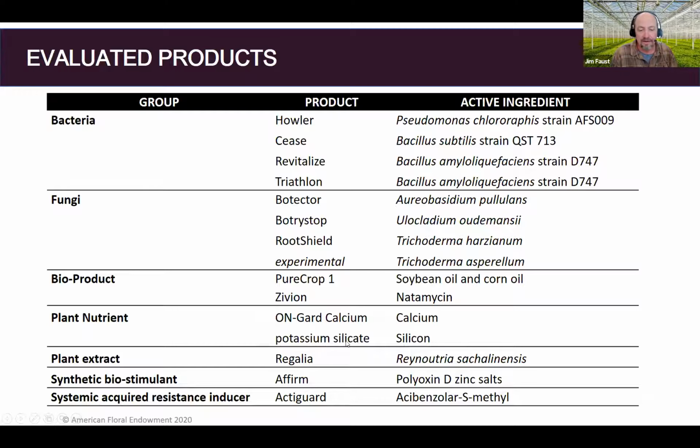And then we've added silicon, since there is some documented evidence of silicon working on some fungal pathogens like powdery mildew. We have 1 plant extract, 1 synthetic biostimulant, and 1 systemic acquired resistance inducer. These are the first ones we're trying. And then these are the product names, and these are the active ingredients in those products.